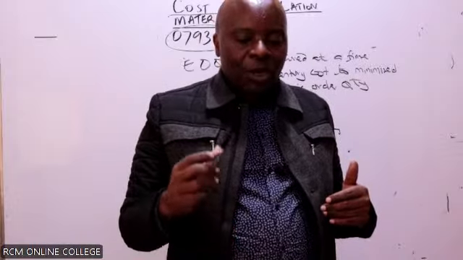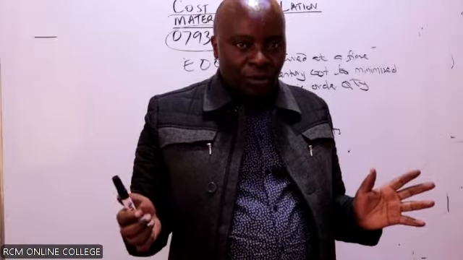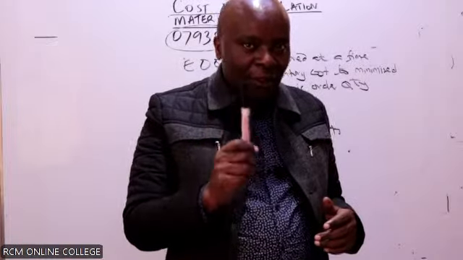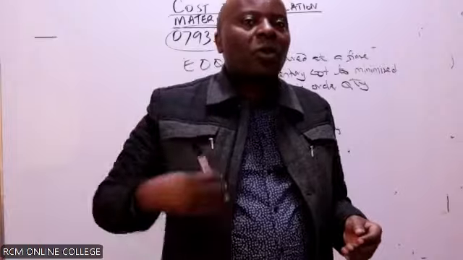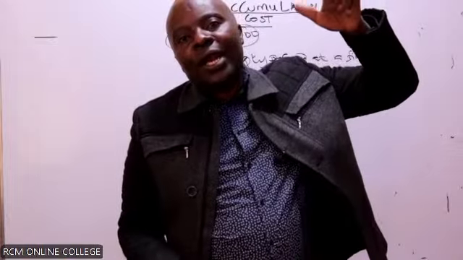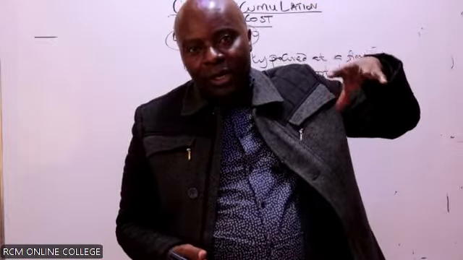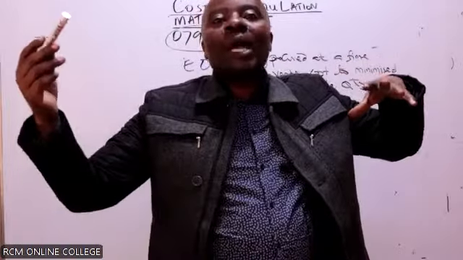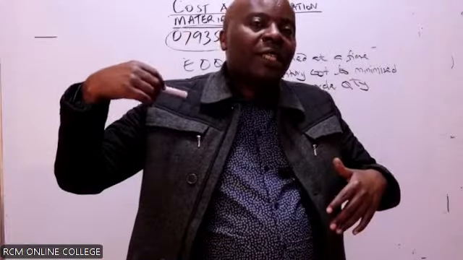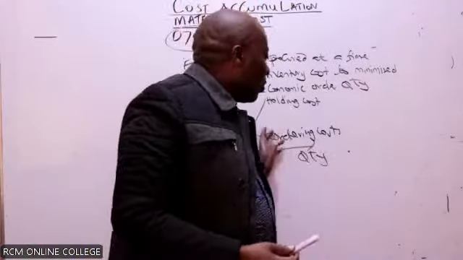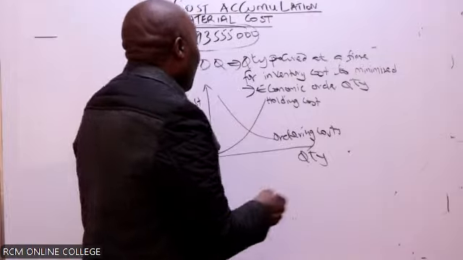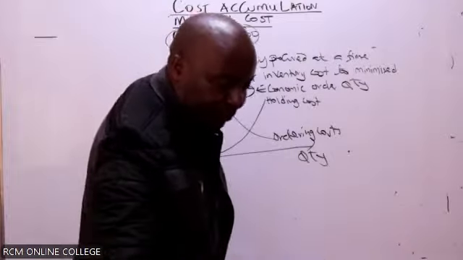But if you have, say, 10,000 units for a whole year to consume and you order one item at a time, I'll order many times. Every time I'm making calls, asking lorries to bring things, the ordering cost will be very high when the quantity I order is small. But should I decide to buy all 10,000 units at once, I'll only make one phone call. So in terms of ordering cost, the higher the quantity, the lower the ordering cost.